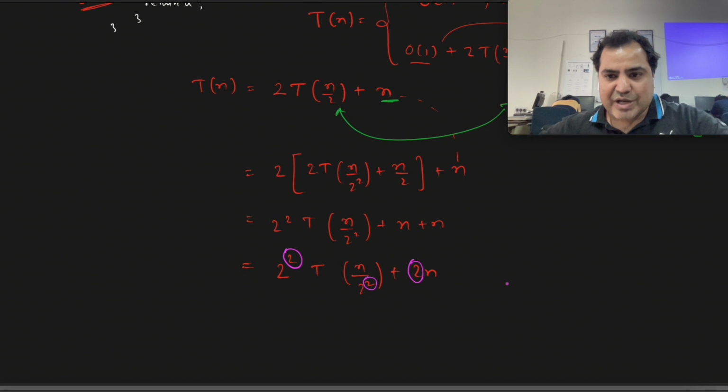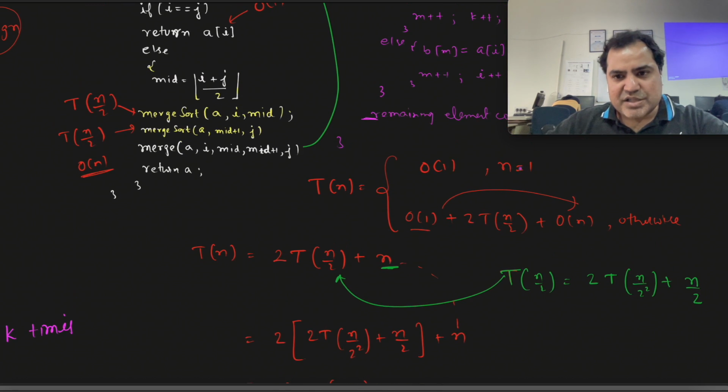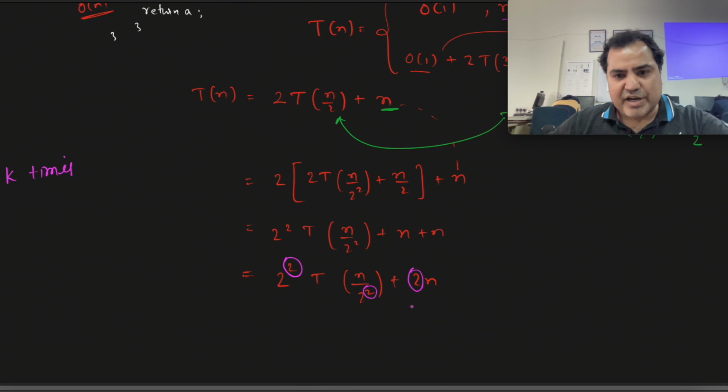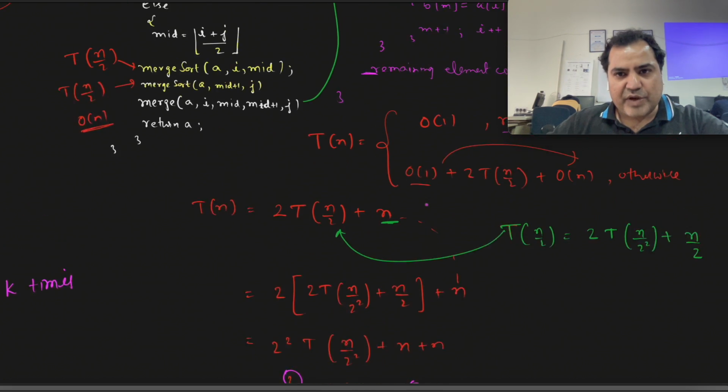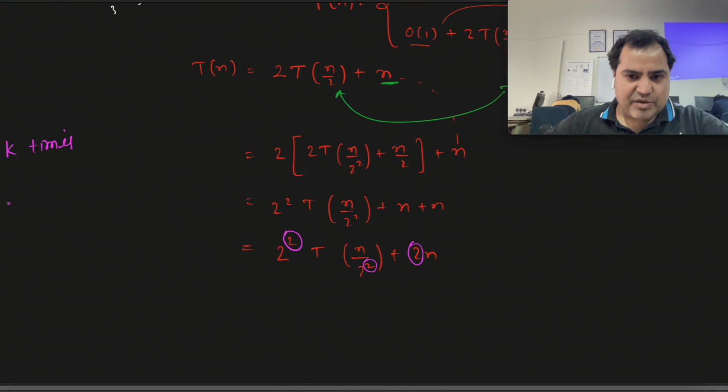Say to terminate the algorithm we ran it k times. To get it terminated, n should reach 1, that is T(1).